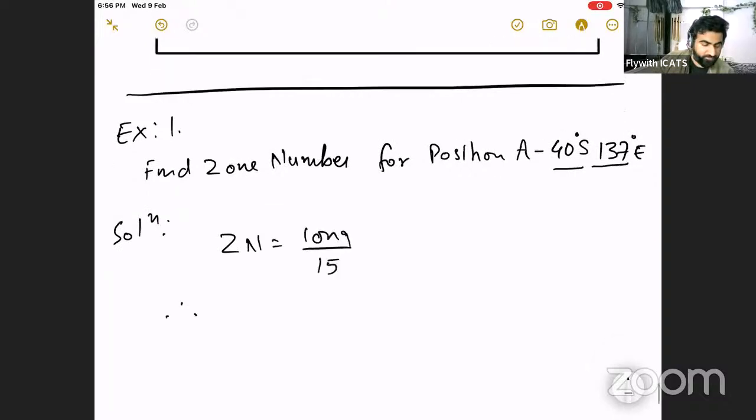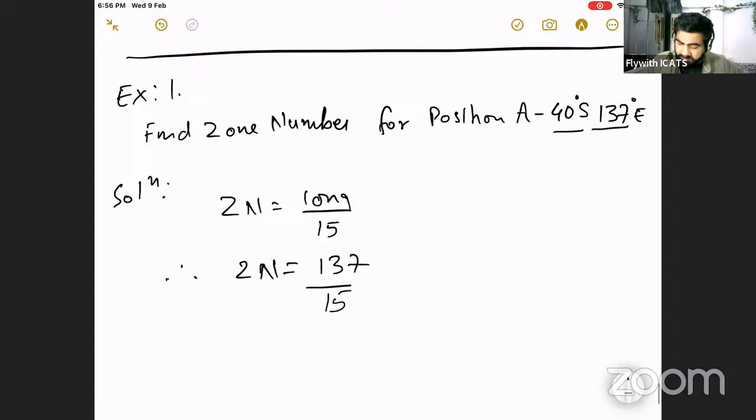Therefore, zone number is equal to 137 divided by 15. Again, here you will get your answer as 9.13 hours.